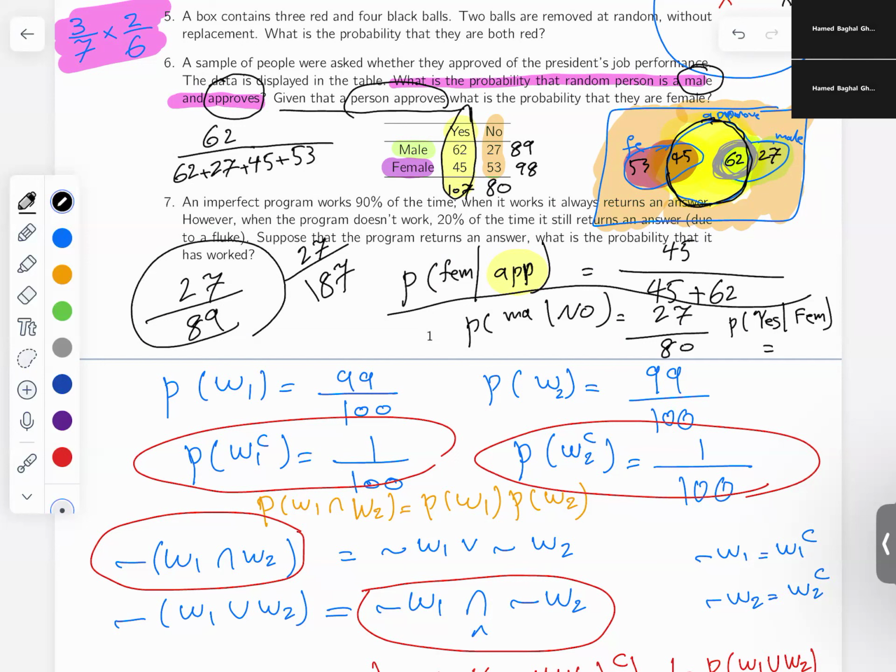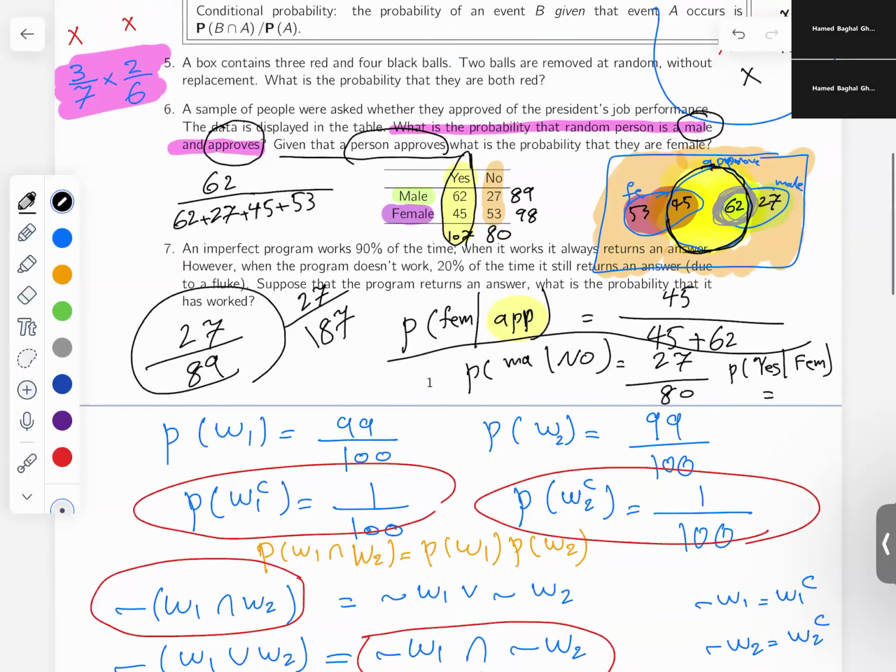What's the answer of this one? Even female. What should I write? So approvers are females, 98 of them.